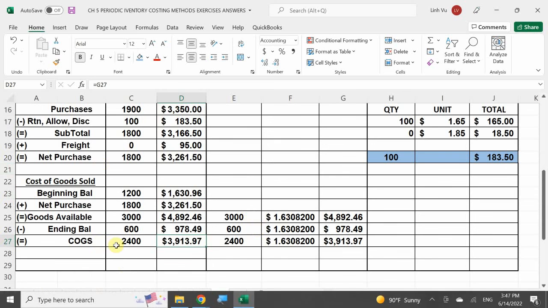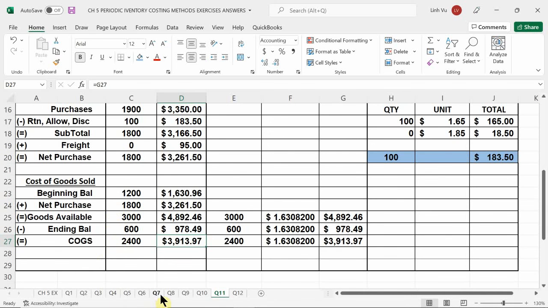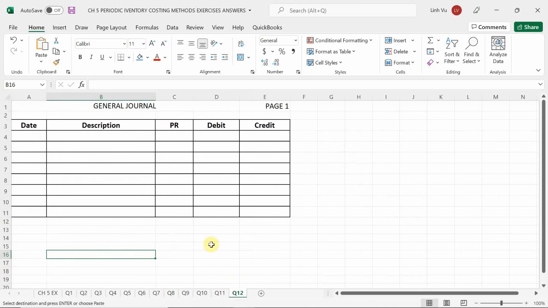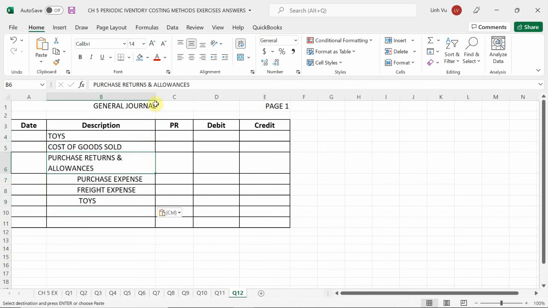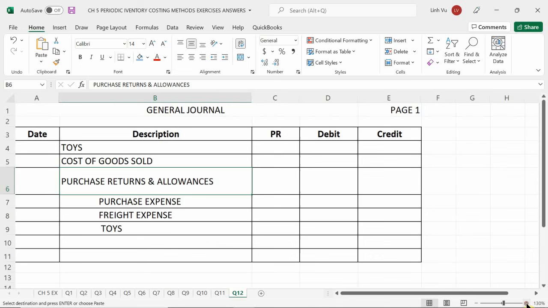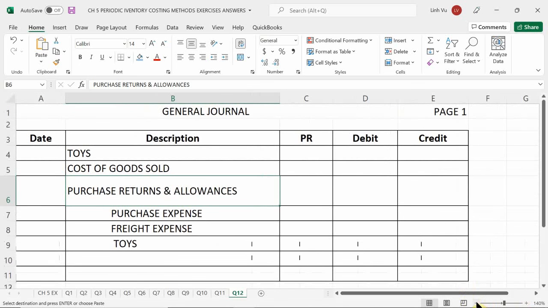So let's finish this off with our conversion entry. What should you see in your conversion entry? You should see all of this in your journal here. And all I'm doing here is plugging in my numbers.